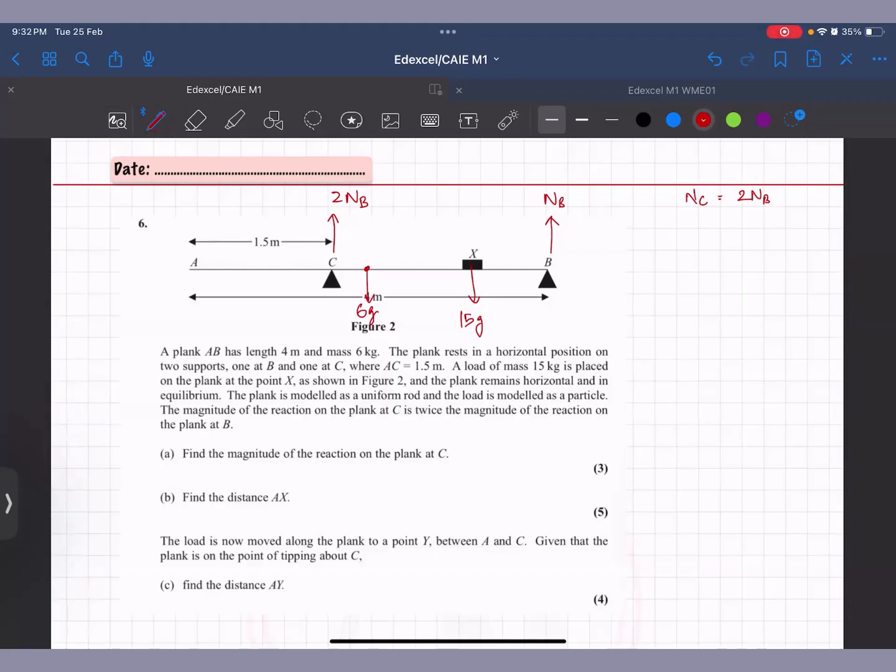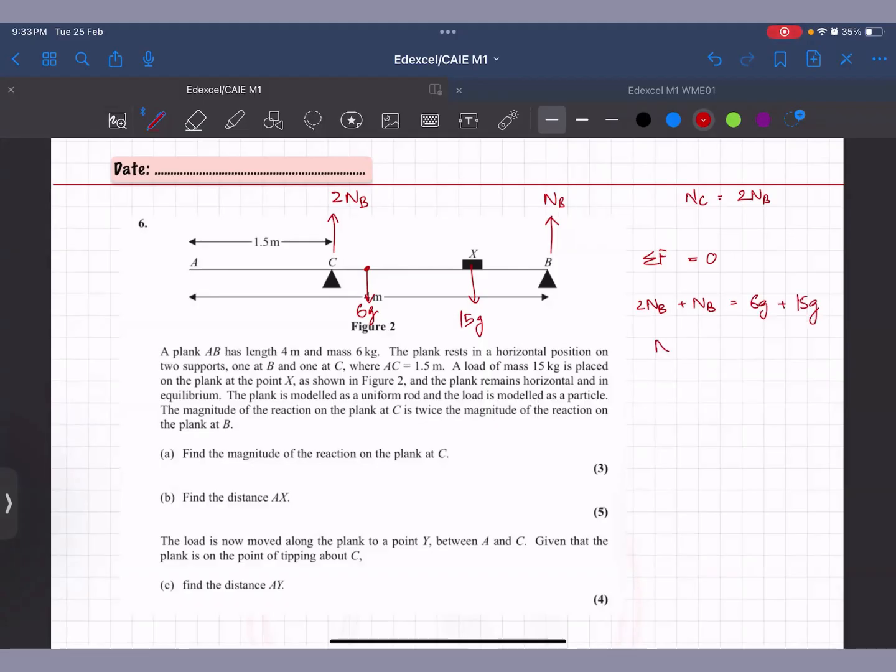So first of all, we know this is an equilibrium, so the sum of forces would be equal to 0. There are two forces upwards and two forces downwards. So 2 times NB plus NB equals the forces downwards, 6g plus 15g.